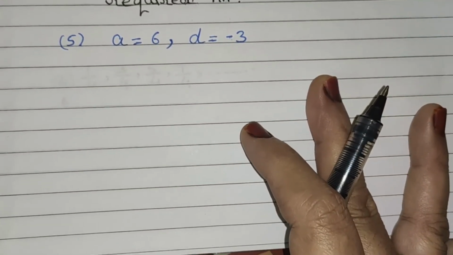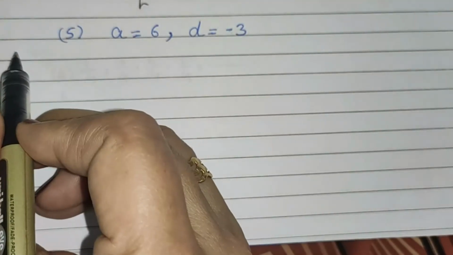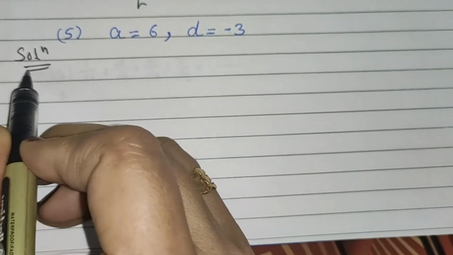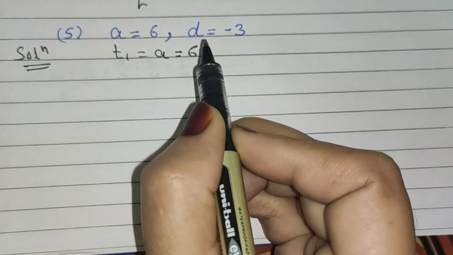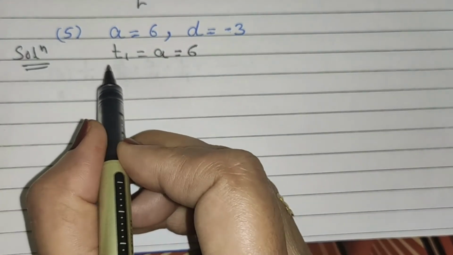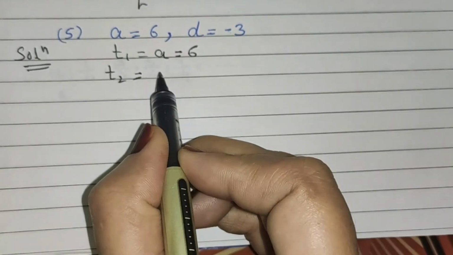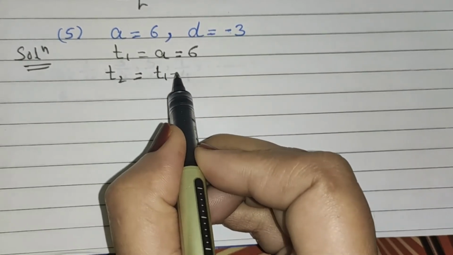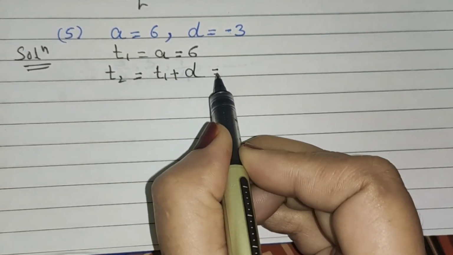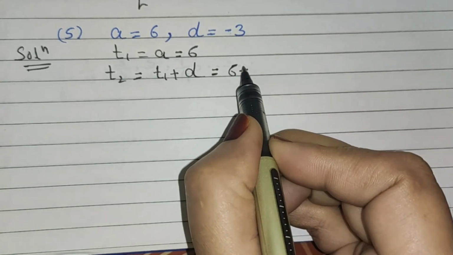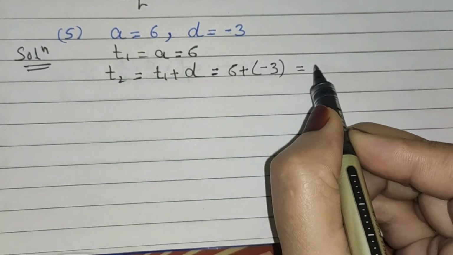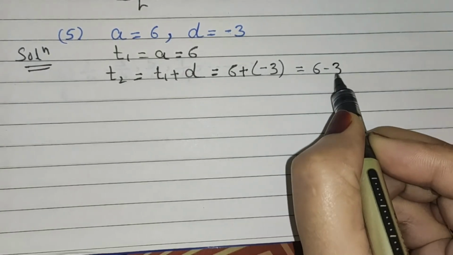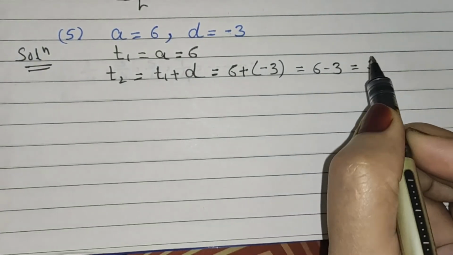Now the next, T1 is equal to A is equal to 6. Therefore, T2 is equal to T1 plus D is equal to 6 plus minus 3, which is equal to 6 minus 3 is equal to 3.